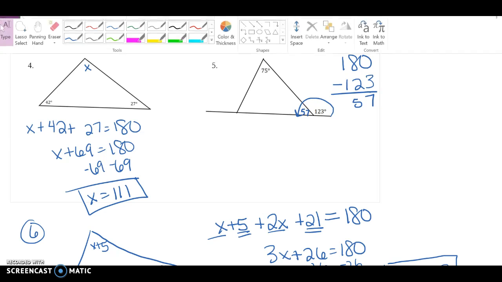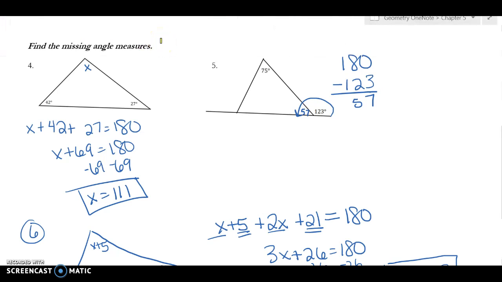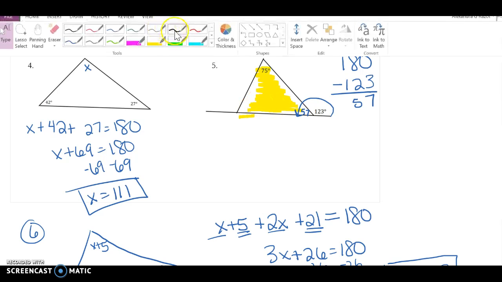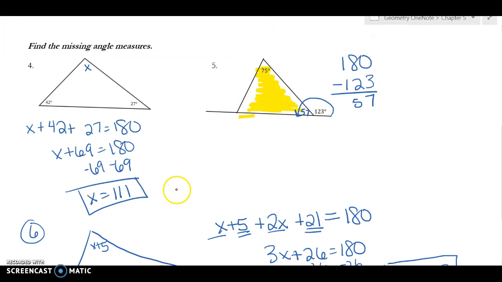Now what I hope you see is that I have a triangle right here. And inside that triangle, the 3 angles have to equal 180. So I'm going to say that this angle is x. So then x plus 75 plus my other inside angle, 57, is 180.